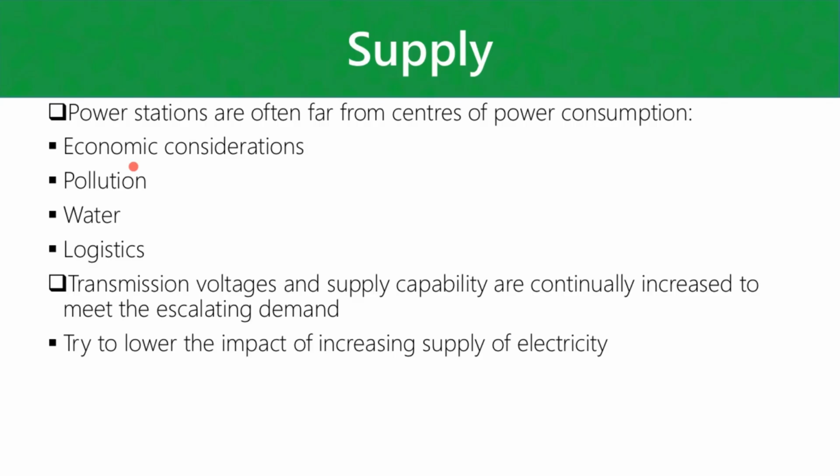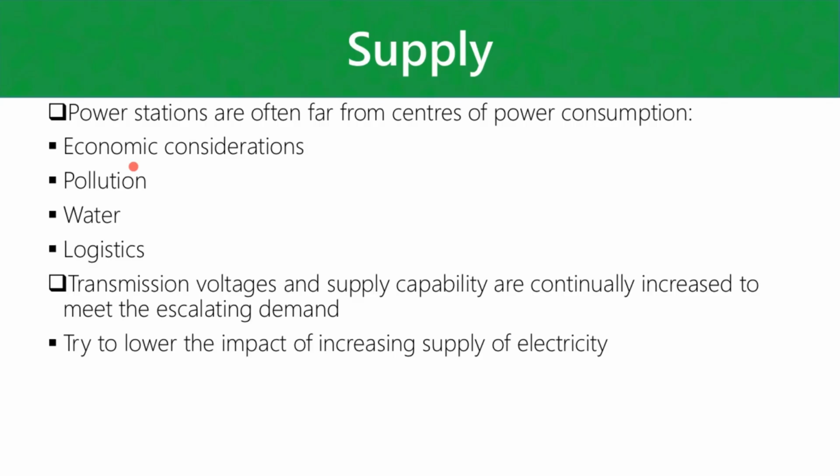All right, if we take a look at our transmission voltages, you guys also note that when we transmit electricity from the power stations, it's usually done at a very high voltage. This is something that Eskom is actually supposed to be doing, but they're not; for a power generating company, they're not really good at it. It's basically to adjust their transmission voltages and supply capabilities to meet escalating demand.